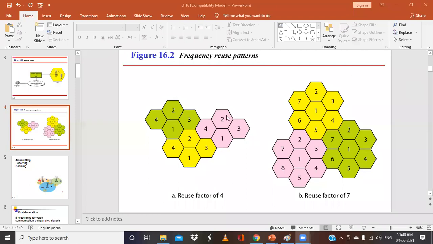The neighboring cells cannot use the same set of frequencies for communication because it will create interference. So the frequency reuse principle is a configuration of n cells, n being the factor, in which each cell uses a unique set of frequencies.